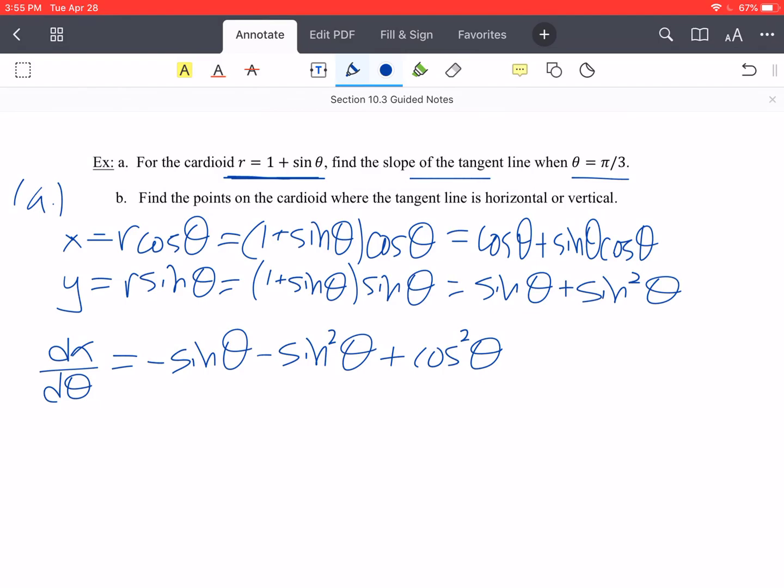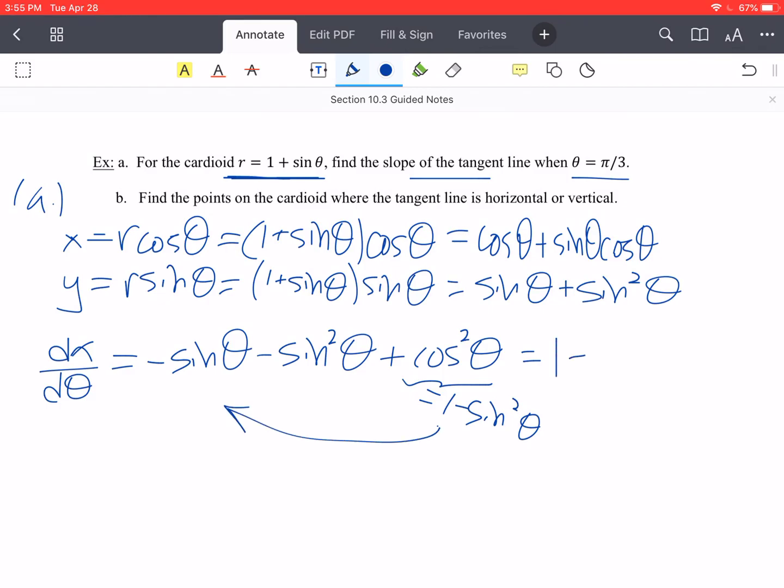Now, we want to try to simplify this as much as possible, and I would love to be able to use the trig identity sine squared plus cosine squared. However, this sine squared is negative, so we can't do that so much. But what I can do is convert the cosine squared into 1 minus sine squared theta, and that's going to put everything in terms of sine of theta. So I'm going to move the 1 all the way to the front.